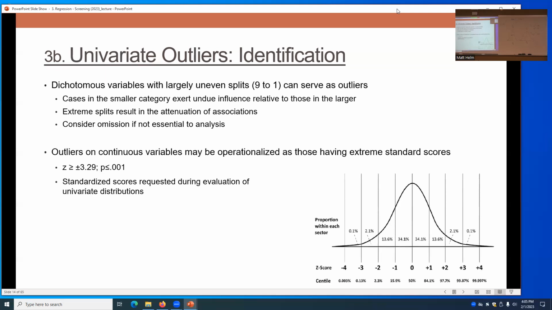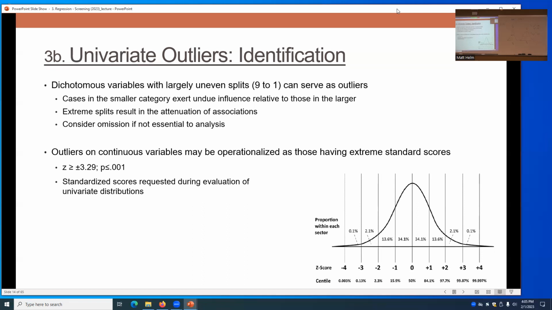Continuous outliers, this is where things start to come in that we've done before. Now, I want to get some clarity. Matt and I both noticed a lack of standardization in identifying what constitutes an extreme value in a continuous distribution. Generally, we're using z-scores for this.